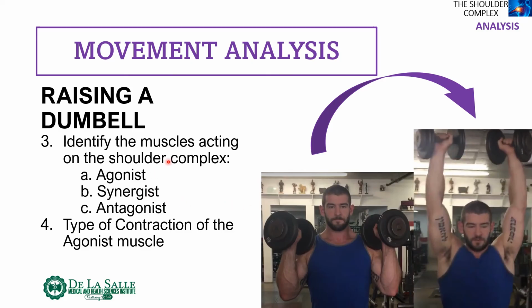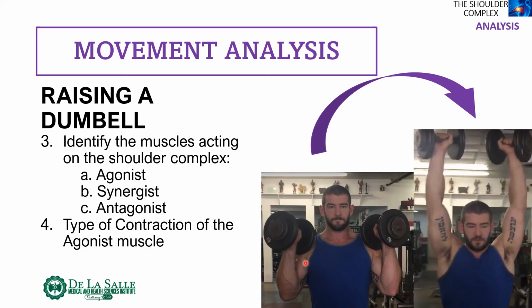Next, for the synergists, it is your upward rotators of the scapula, because for the patient to perform flexion, there should be upward rotation of the scapula. So the upward rotators should contract, such as your upper and lower trapezius and your serratus anterior.